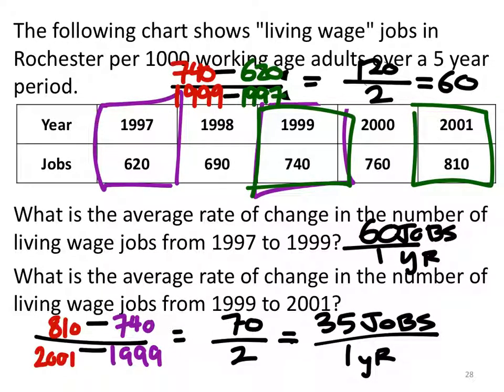So if I wanted to, because politicians do this all the time, if I was saying, man, we want to show how many jobs we created in Rochester, then I would use 1997 and 1999, in comparison to 1999 to 2001, because on average it had a higher number of jobs per year, and voters, whether they know it or not, like it when you show higher numbers like that, even if it sometimes is a bad thing.